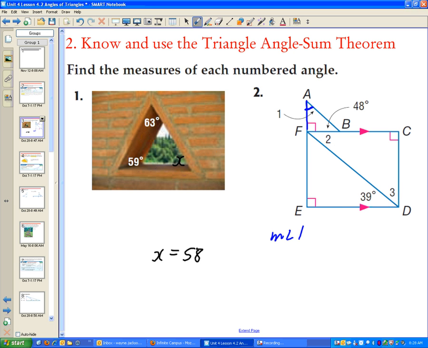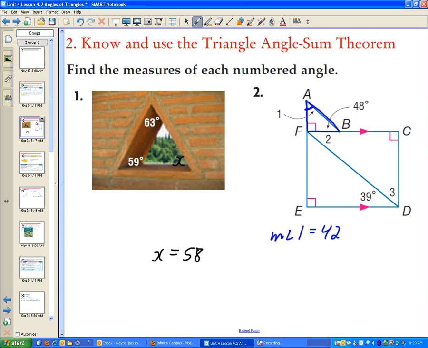Looking in this triangle right here, if I know the measure of two of the angles, I can get the third by doing what we just did in number 1, correct? So I've got 90 plus 48. What's 90 plus 48? 138. So then the measure of angle 1 is whatever you add to 138 to get to 180. In other words, it's whatever 180 minus 138 is. And what is 180 minus 138? It's 42.